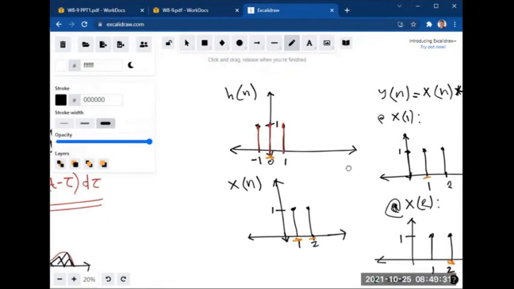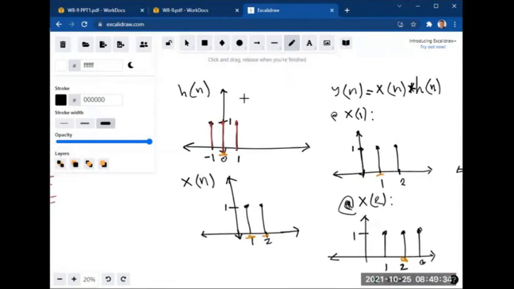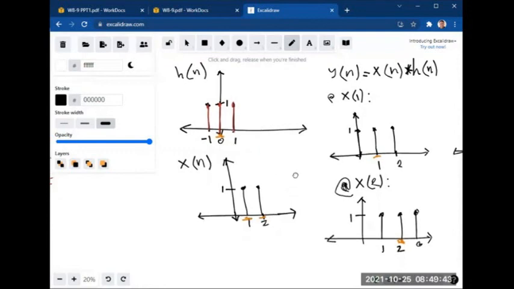Okay, so let's go back. This is our impulse response. This is our input signal. Then the step is to process each input signal. So from our x at n equals 1, because this is discrete, the 0 of the impulse response, the right side pulse, the left side pulse.